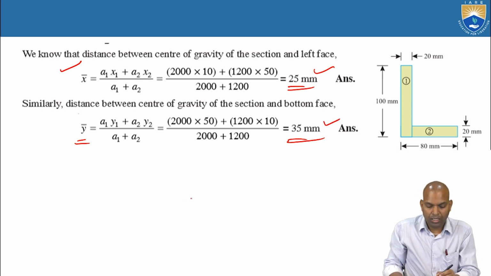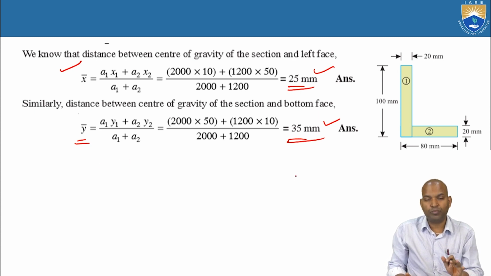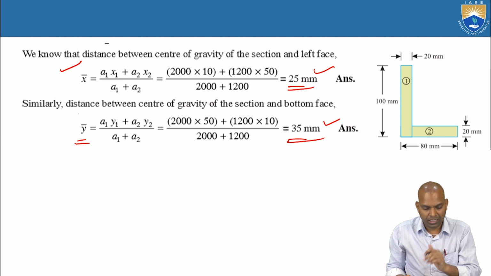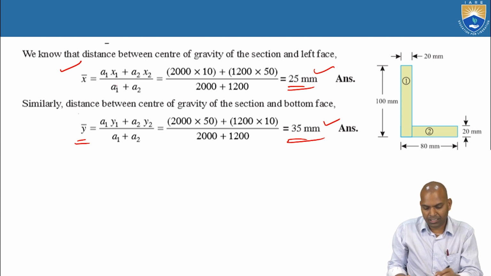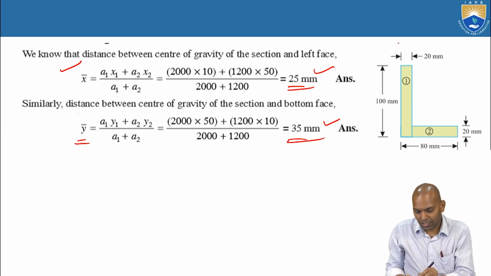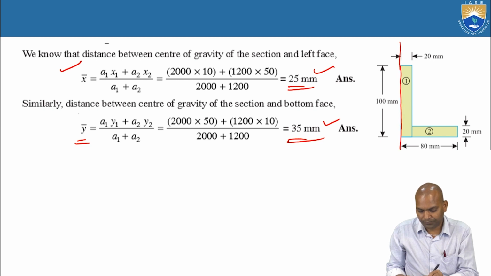Now, if you mark the location of the centroid on this geometry, where will it be? Is it on the geometry of the L section or outside the geometry of the L section? Let us see here. Bar x is 25 millimeters. These are the reference axes, xx and yy.